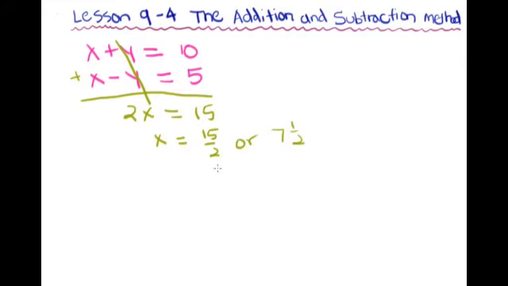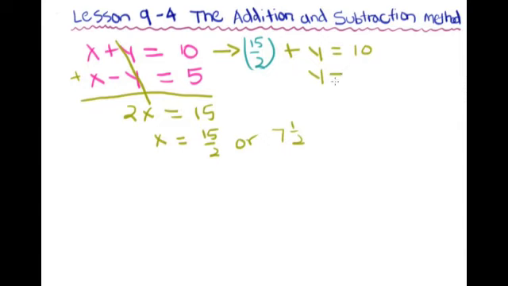Now all we have to do is plug this back into the original equation. So I'll plug it into the first one. x plus y equals 10. So x, which is 15 over 2, plus y is equal to 10. And 15 over 2 is 7 1/2.